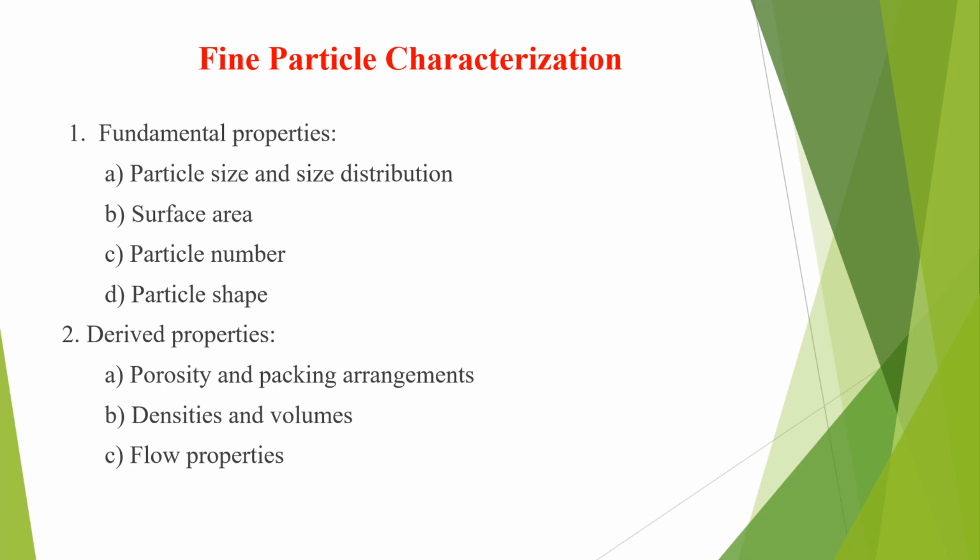The densities and volumes contain the true volume, true density, granular volume and granular density, and bulk volume and bulk density. You should go through the equations, how to derive them, and what the densities and volumes are. It's a major part of micromeritics.